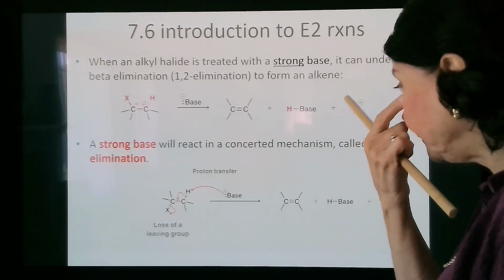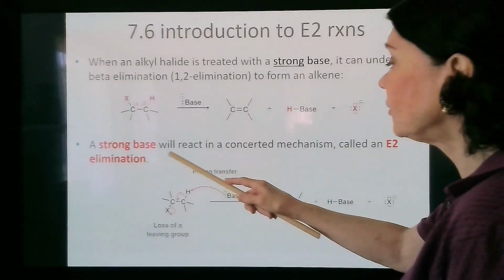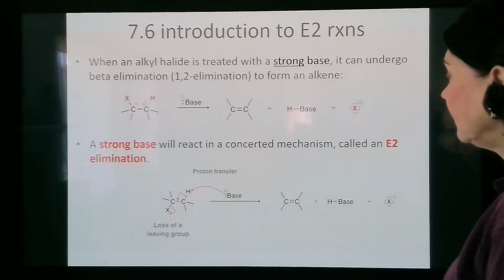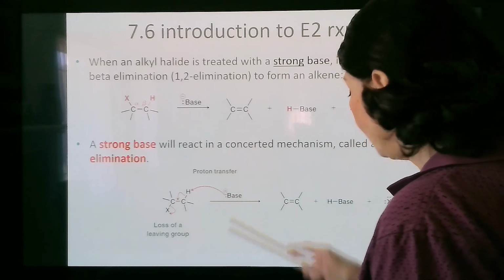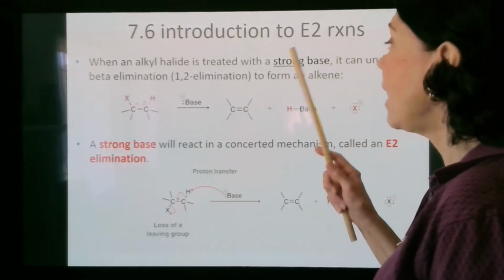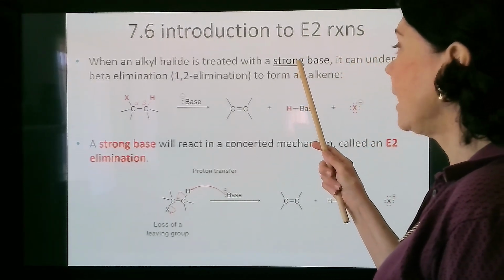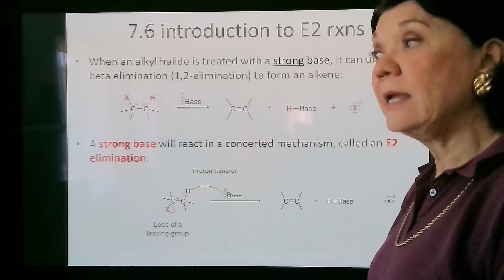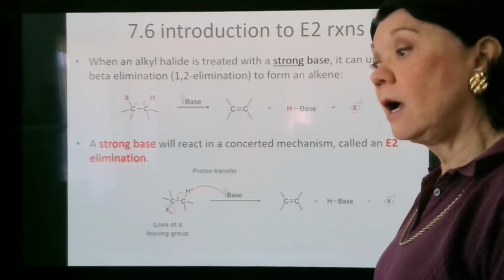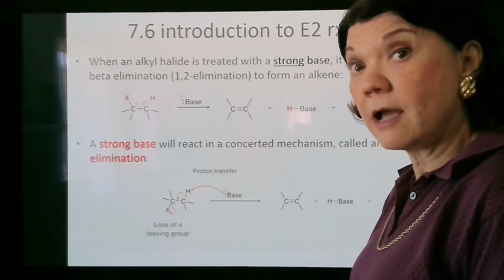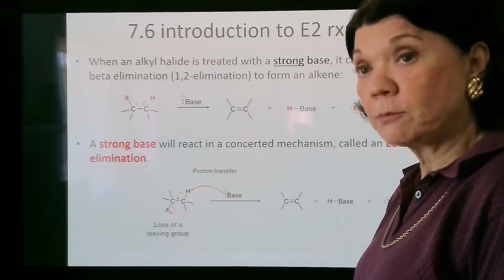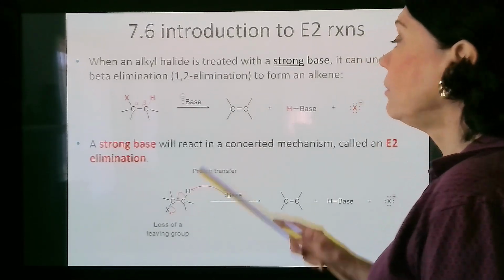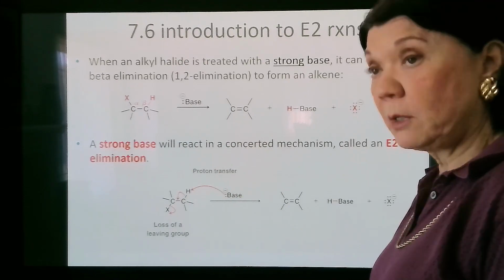Okay, so a strong base will react in a concerted mechanism. This is concerted, one step, and so you're going to have to understand what is a strong base. And you remember the anion stabilities that you saw in Chapter 3. Generally, for these purposes, though, it's going to have to be really strong.